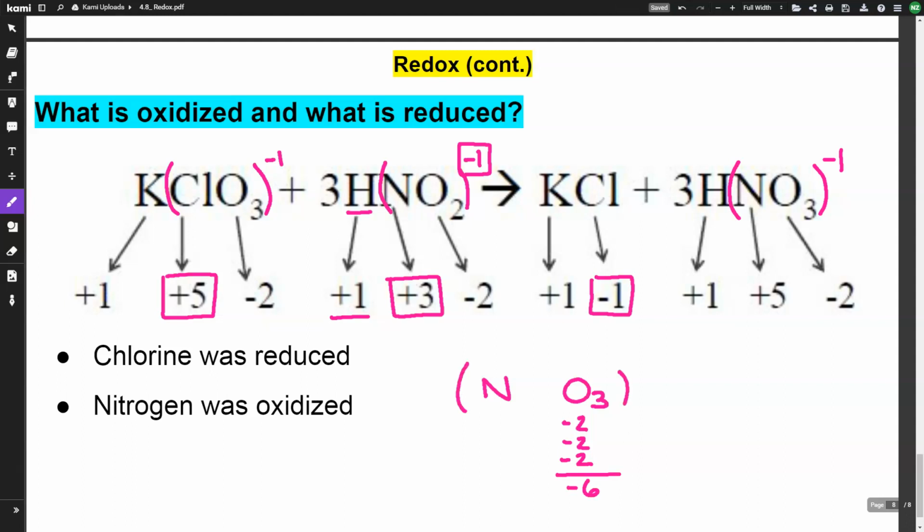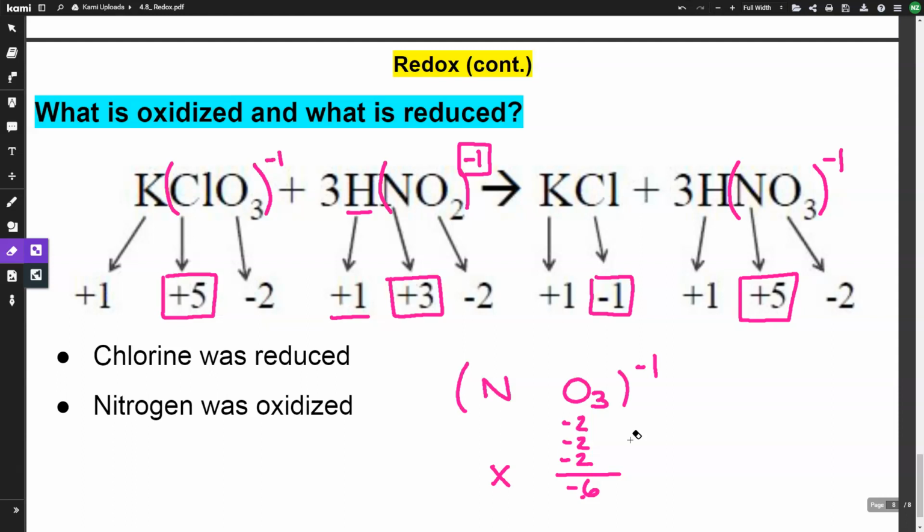If the charge has to be -1 when we put those 2 pieces together, what plus -6 gives you -1? Well, that's +5. So going back to the NO3, which has a -1 charge, there's no net charge for the entire thing here. Hydrogen has to be +1 to cancel out with the -1 to make that work.